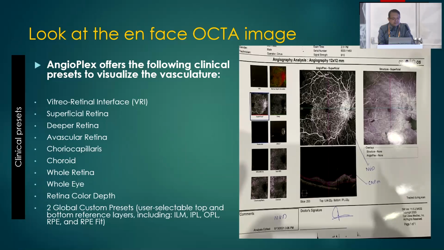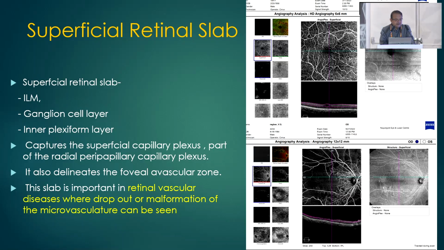Look at the en face images, and these are the various interfaces or layers that you detect on OCTA images: superficial retina, deep retina, each of which I'll be discussing in detail in coming slides. So the superficial retina slab includes the RNFL, ganglion cell, and inner plexiform layer.